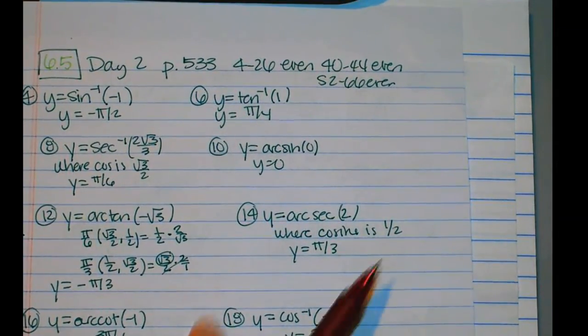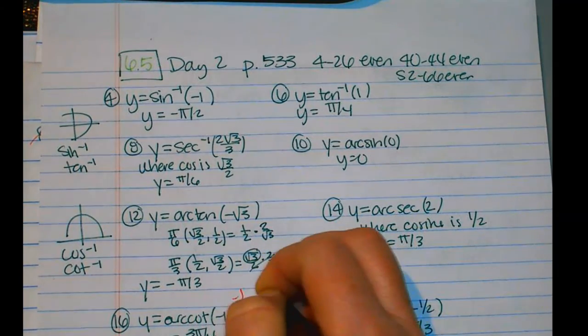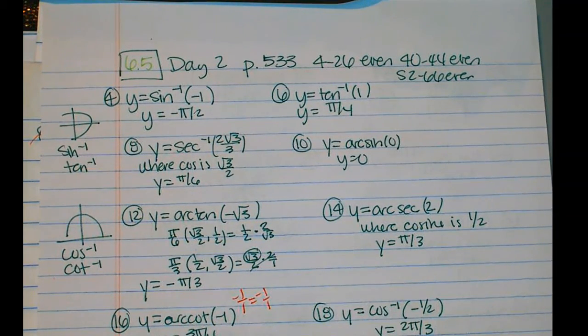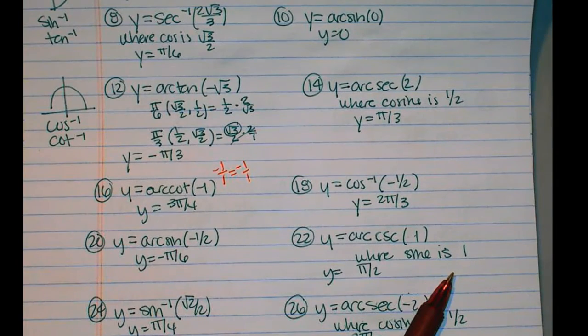So this is -1 over 1, which is still -1 over 1. Because tangent and cotangent of pi over 4 is the same value, it doesn't matter which one you put on top because they're the same. But if it didn't make sense, it's good to ask so we can make it click. I want it all to click.